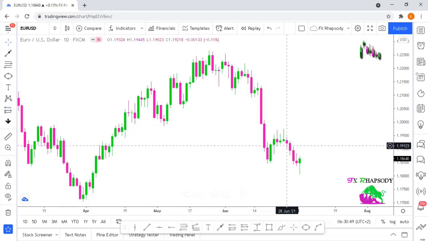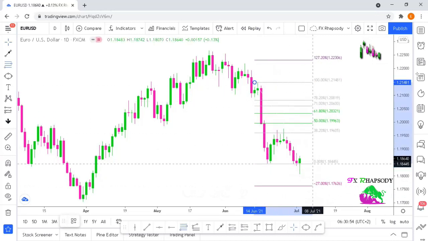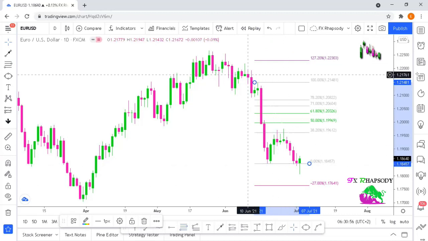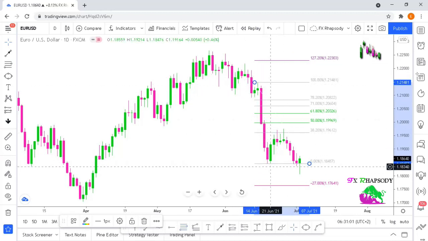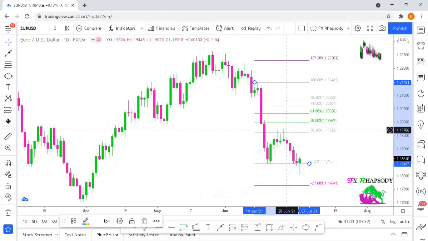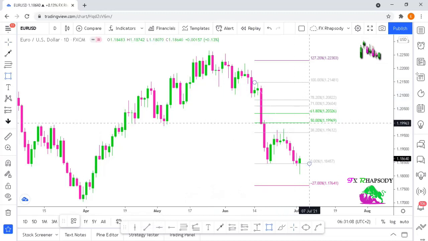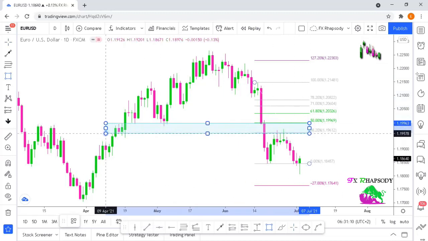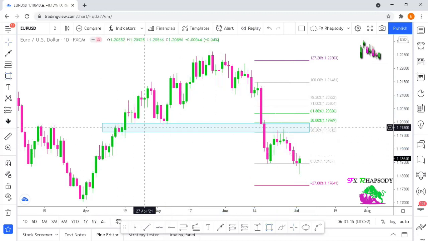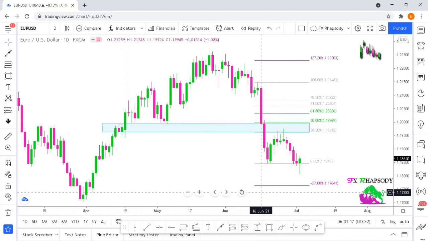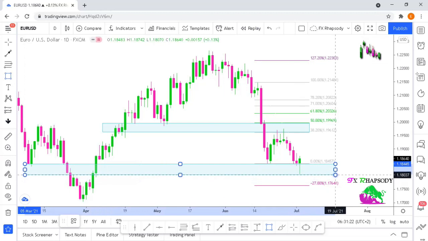If I take out my Fibonacci from the high to the low, from this area over here to this low, we can see price came up and retested the 38.2% Fibonacci retracement. That area was previously a support and resistance area, a key area in the market, and currently we find price in this area over here.